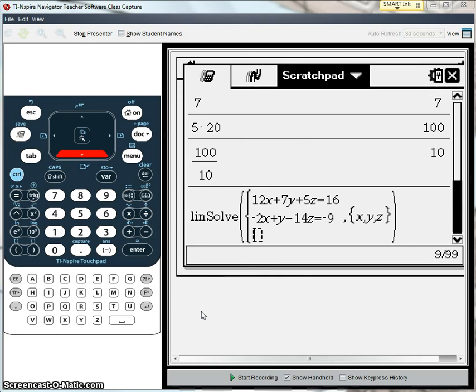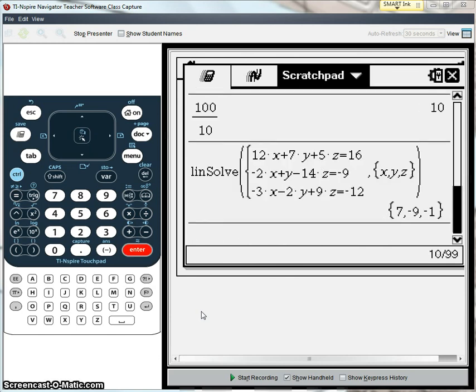Then our third one is -3x minus 2y plus 9z is equal to -12. So now that I have these 3 in, I want to hit Enter, and right away it's going to give me my solution, where 7 is my x value, -9 is my y value, and -1 is my z value.